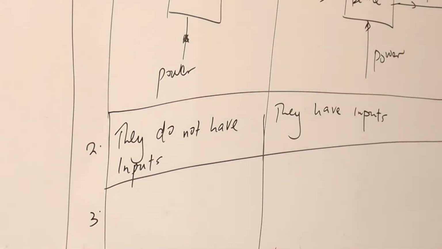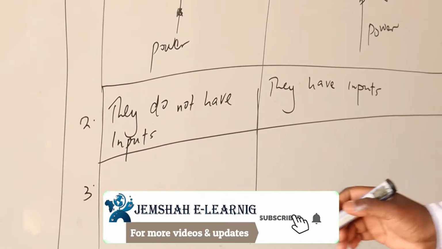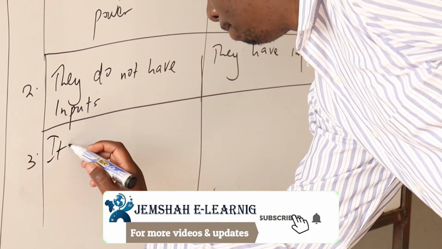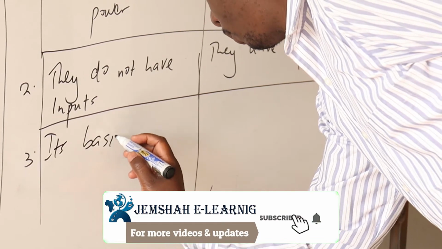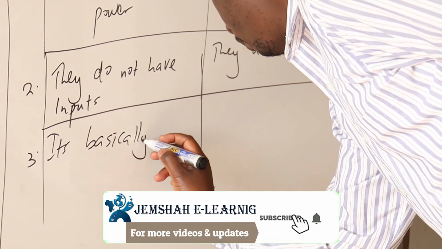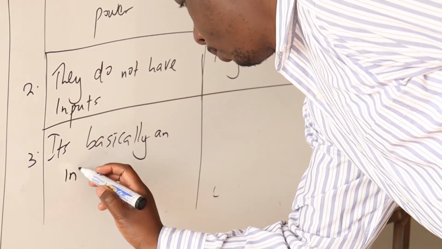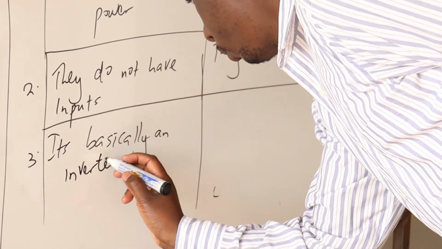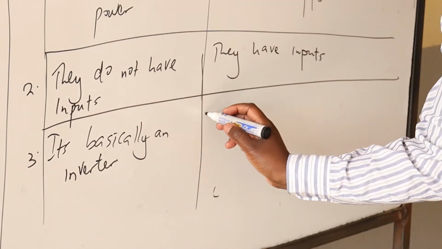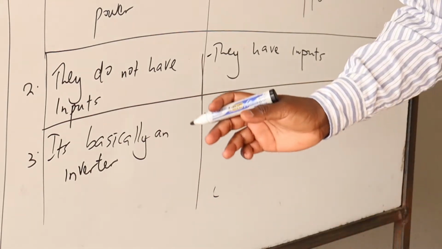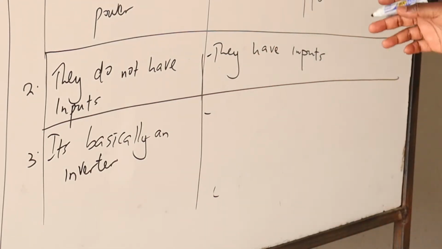The third difference is that the oscillator is basically an inverter, and the amplifier is basically a converter.